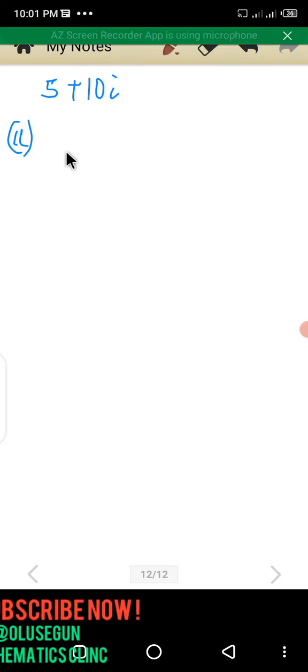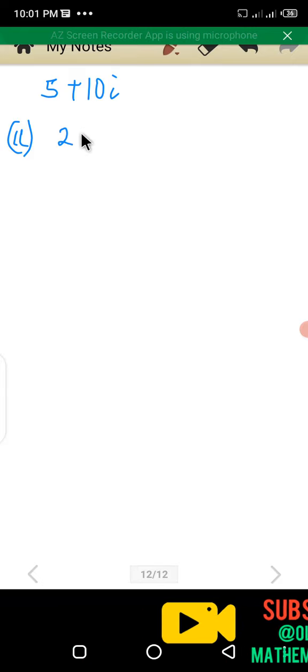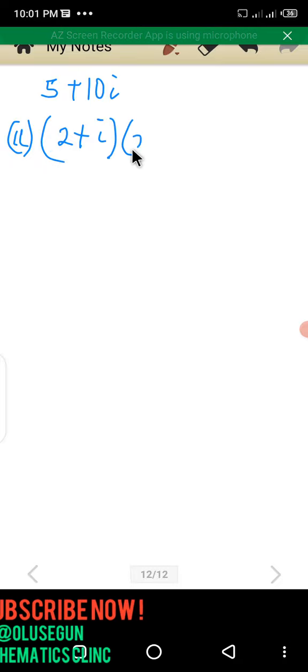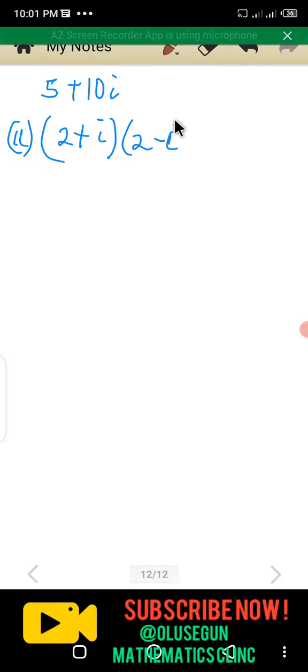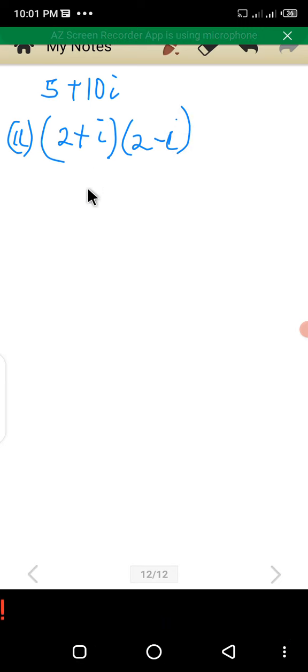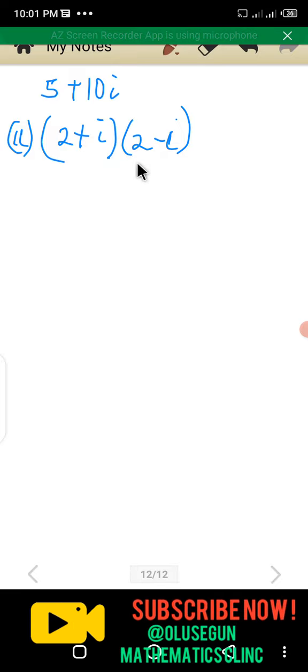Let's solve the second example, which we have 2 plus I bracket 2 minus I. We can call this a conjugate because the signs are different, plus and minus, but they have the same variable.